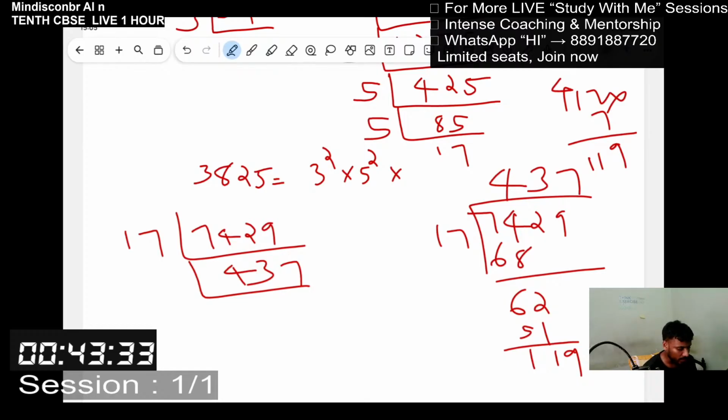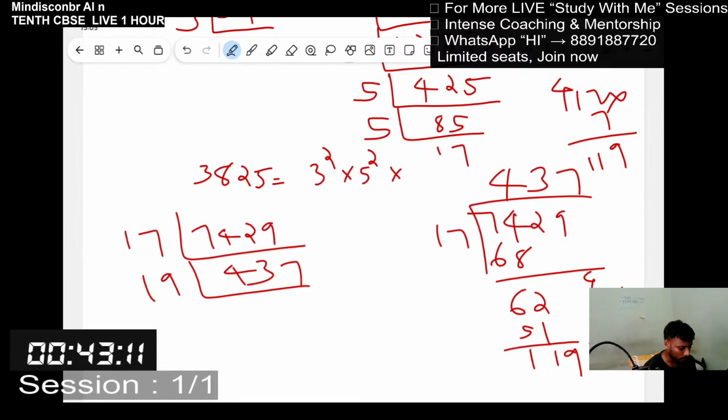Now is it divisible by 17? Here 34, 97. 17 into 6 is 102. So 17 is not possible.